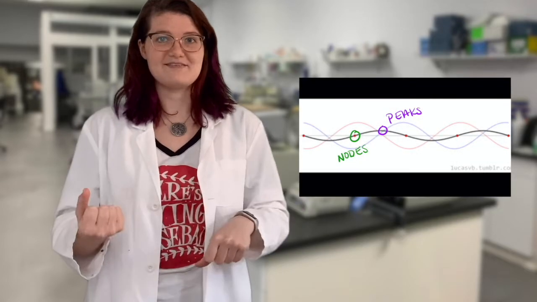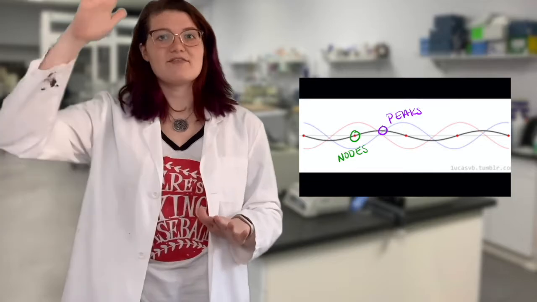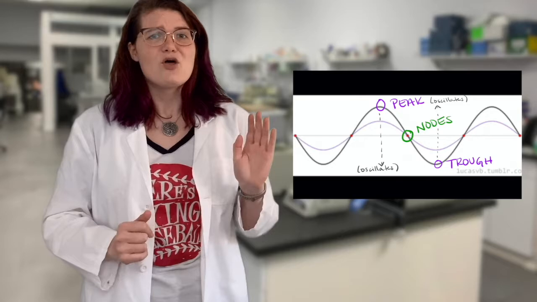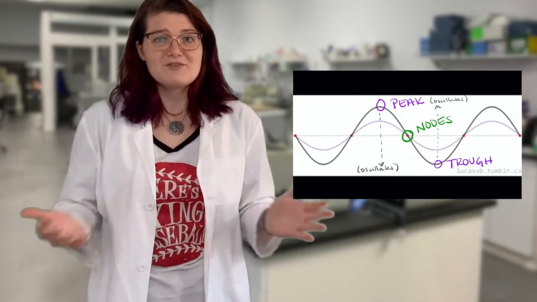Nodes and peaks. Now, the peaks and the troughs, the part of the wave that's oscillating up and down, that oscillation causes things to heat up. In this case, it causes food to heat up. Those nodes, those points in the middle, the red points that aren't moving, those cause our food to stay cold.